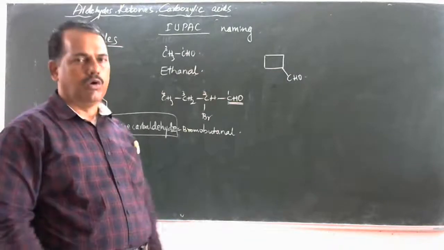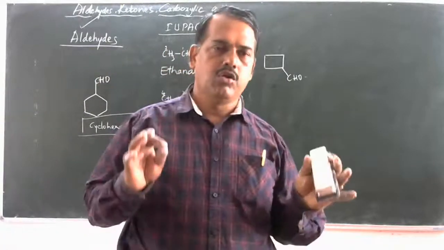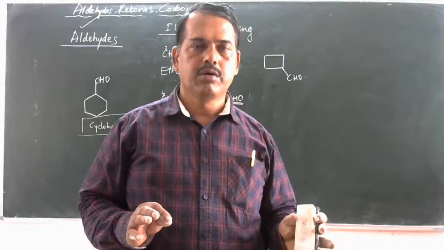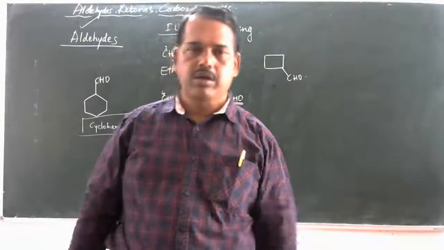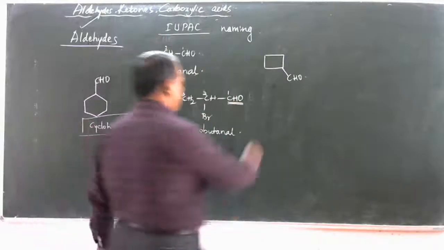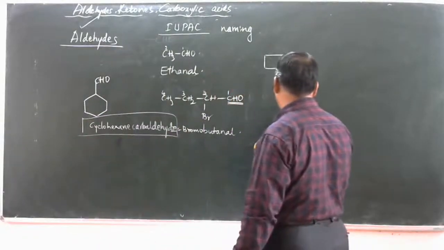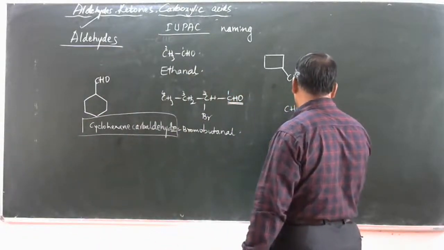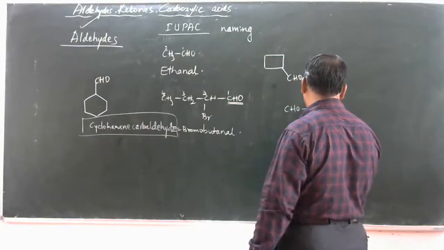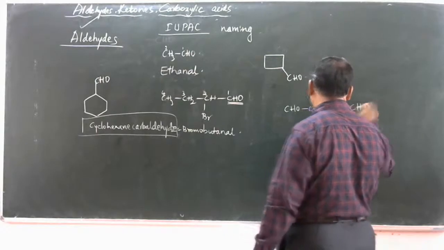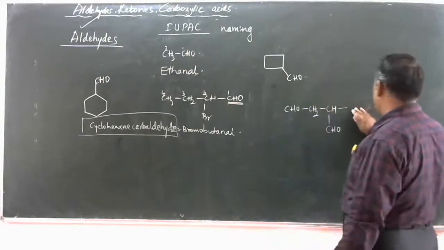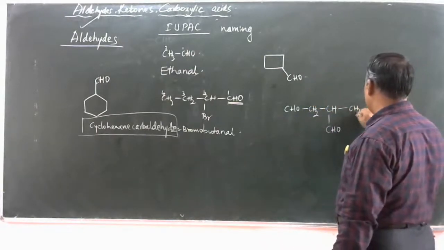So this is how we can easily write the nomenclature of aldehydes and ketones. See, suppose three aldehyde groups are there: CHO, CH2, again CHO, again CH2, CHO.